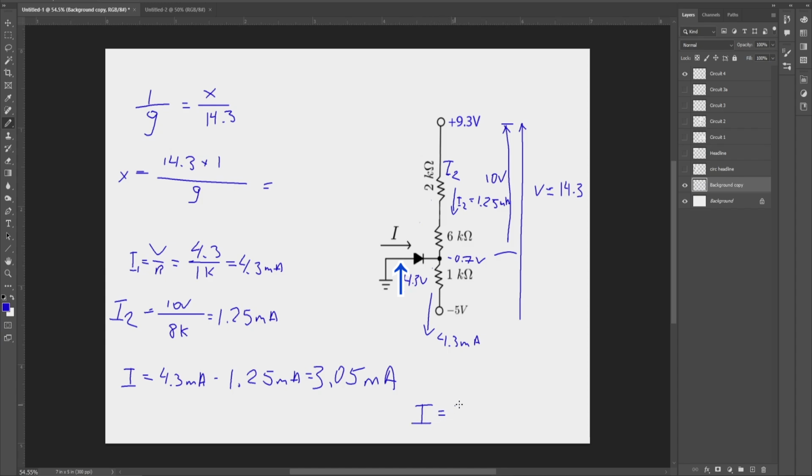I equals 3.05 milliamps, and let's just put that in a square bracket and frame that.